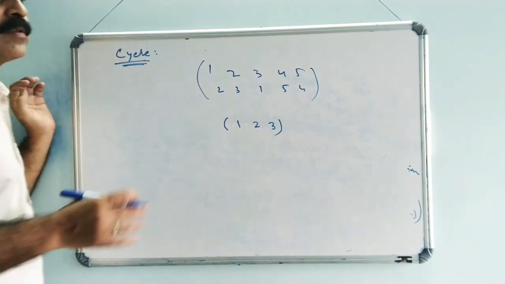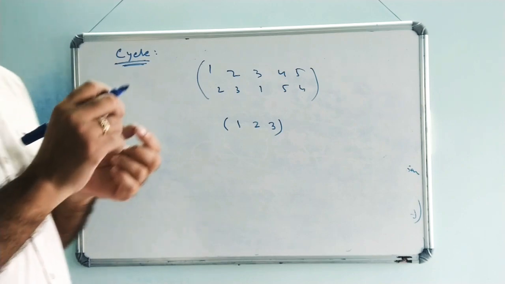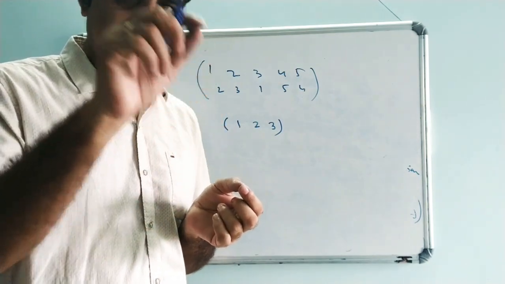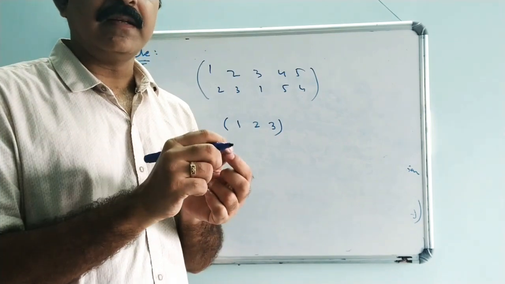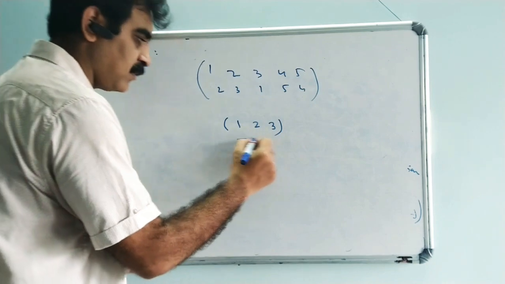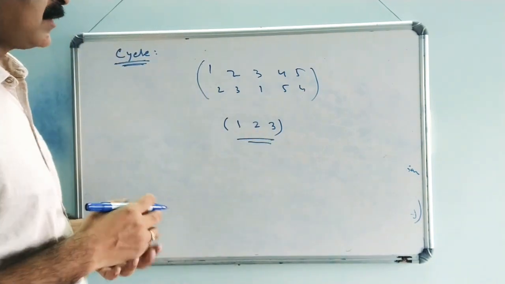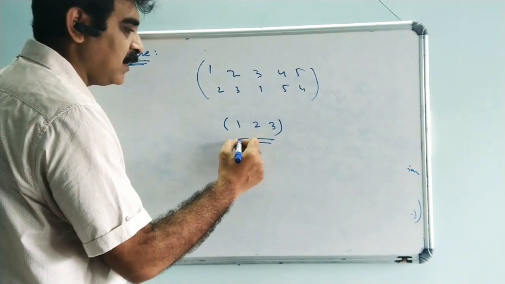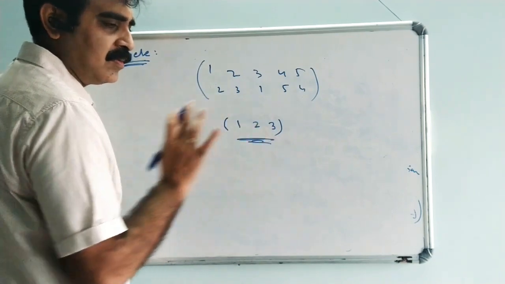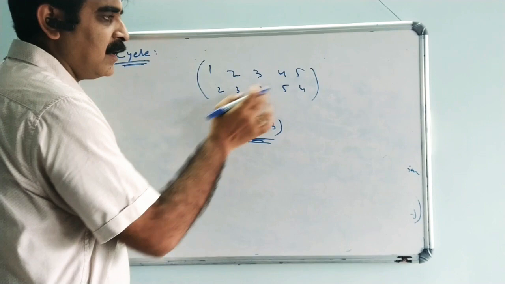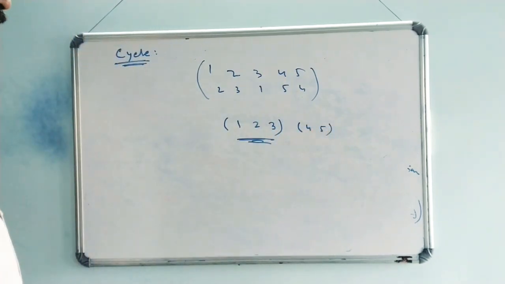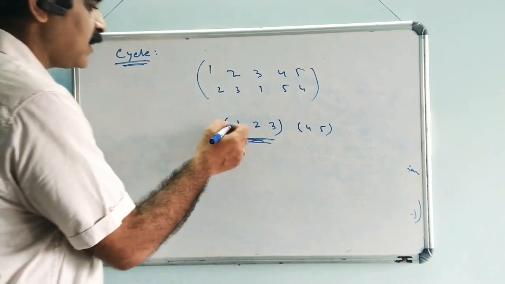So for any permutation, if we begin from a particular element and after traveling some path we come back there, this is called a cycle. We write this cycle as (1, 2, 3). And there is another cycle, (4, 5). So these are the cycles.